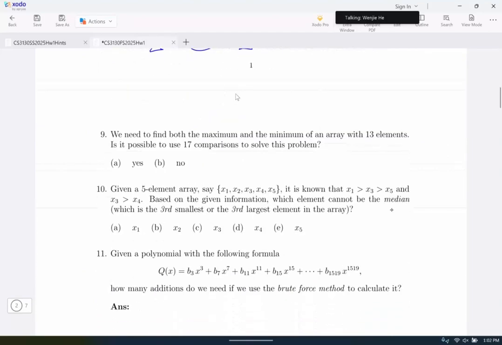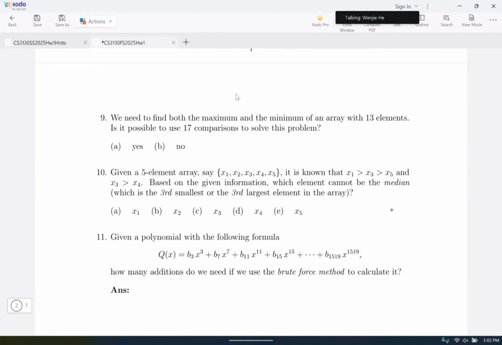Number 9. Most of you got it correctly. Because when you use this formula times 13 to do the calculation, you get 18, right? 30, 40, 20, you get 18, greater than 17, just by this formula.